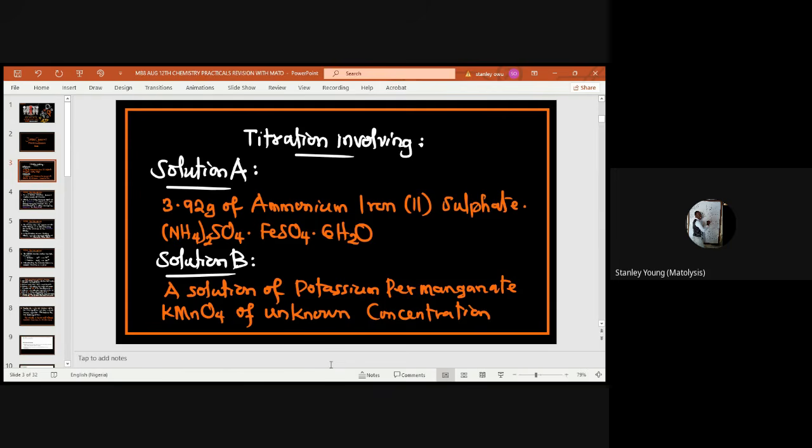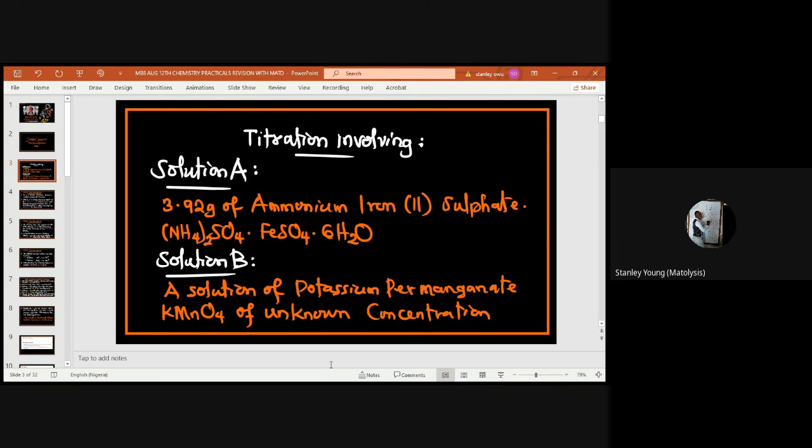This particular question here is a model, basically a simulation, where we tend to give a known concentration to solution A and have solution B with an unknown concentration. Or we say solution A is a standard solution, while solution B is not.